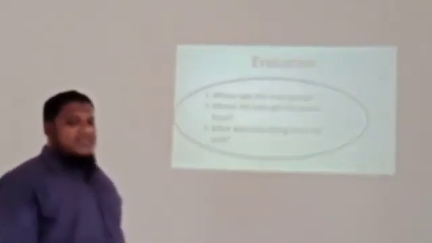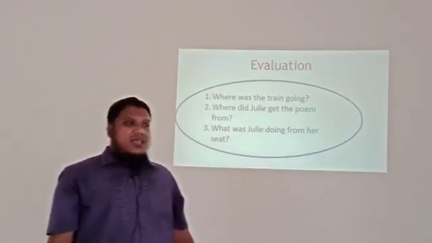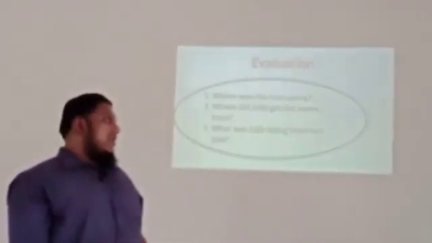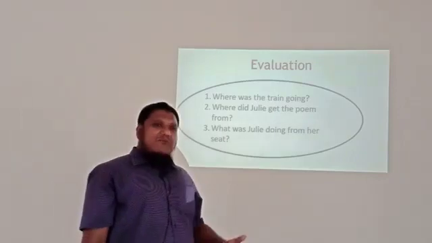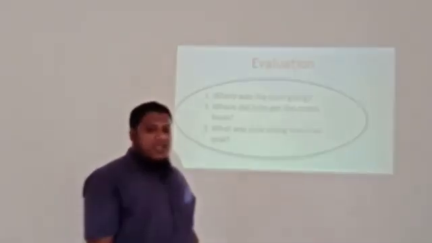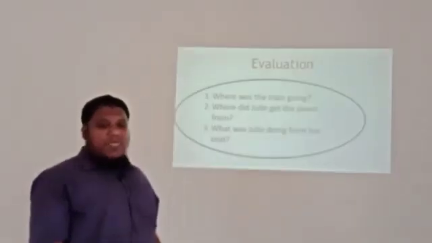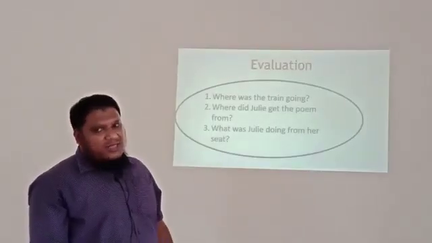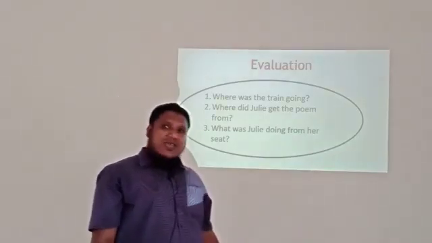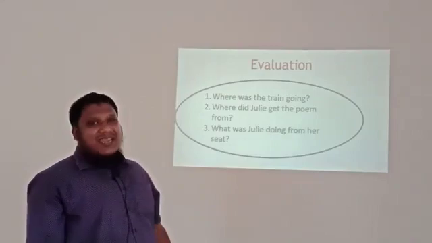First, where was the train going? We know the train was going to Dawanganj by express. So we have already mentioned this, and I think the lesson is fruitful. Second, where did Julie get the poem from? The answer is also here. Julie got the poem from the internet.